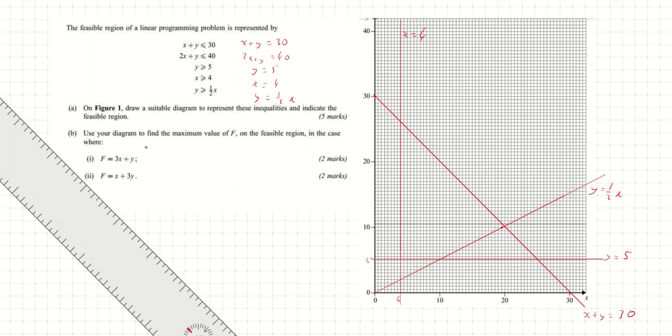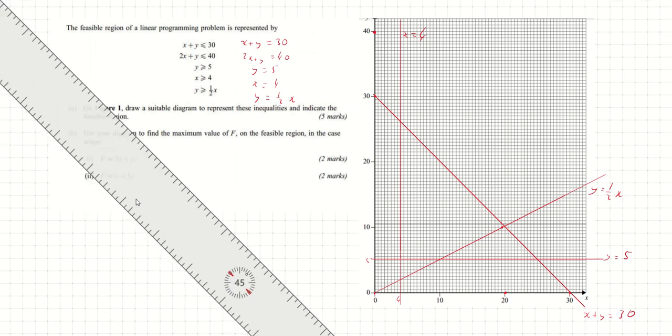And then finally we need 2x plus y equals 40. Well, same idea. When x is 20, that means y is 0. So the point 20, 0 lies on this line. And when x is 0, y is 40. So the point 0, 40 lies on that line. So I've done the two spots that I know this is going to go through.